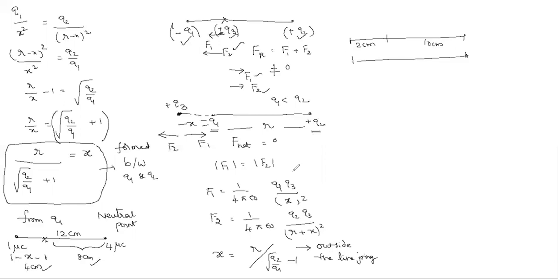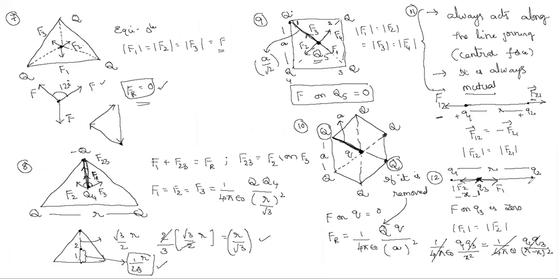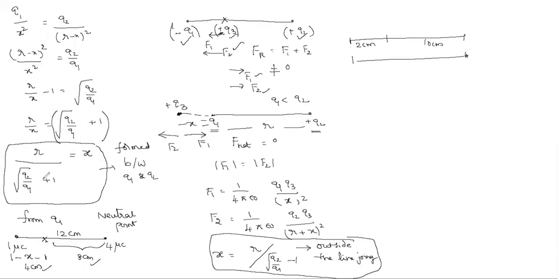Unlike. So you have to remember: if the given two charges are unlike, we take this formula, and the point is outside. If the given charges are like, as in the 12th problem of this model, the point is in between, and that is plus. Like plus, unlike minus. Will you remember these two shortcut formulas?